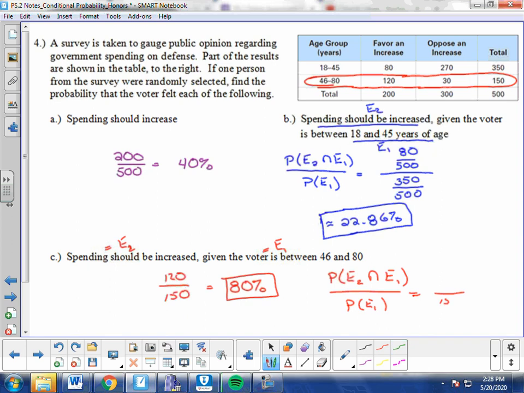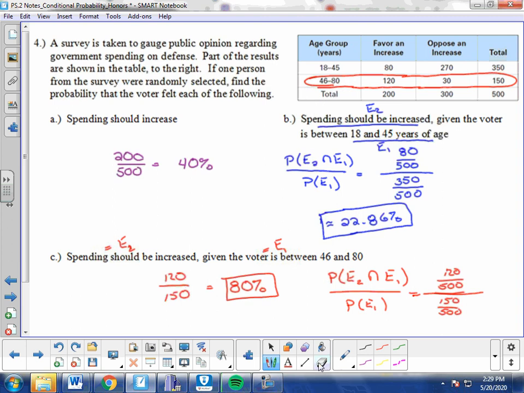So what I would get is 120 over 500 and 150 over 500 if you use the formula, which would simplify to 120 over 150. So the formula is useful in some cases where you are limited in your information, like in problem number 3. Can be useful in cases like problem number 4, where we are given a little bit more information, but we can also find some shortcuts by using that given to focus on just certain pieces of the information. So like in C, we use the given that the voter is between 56 and 80 to focus on just this line from the table.